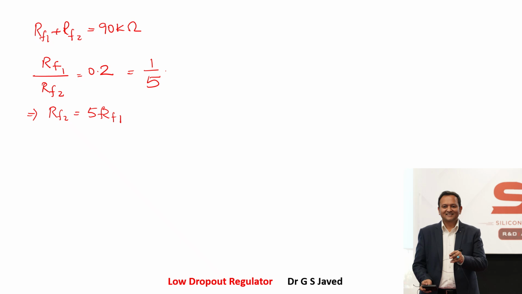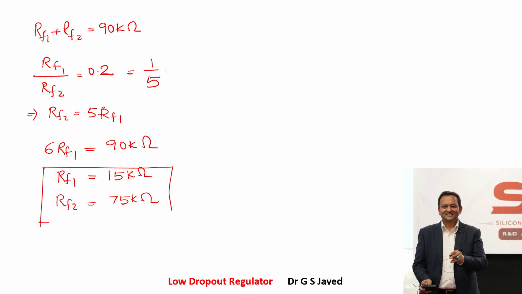Substituting this equation, we get 6 Rf1 is equal to 90 kilo ohm, or Rf1 is equal to 15 kilo ohm, and Rf2 is equal to 5 times Rf1, which is 75 kilo ohm. So this is how you design the two feedback resistors in your circuit to ensure that you have a low quiescent current.